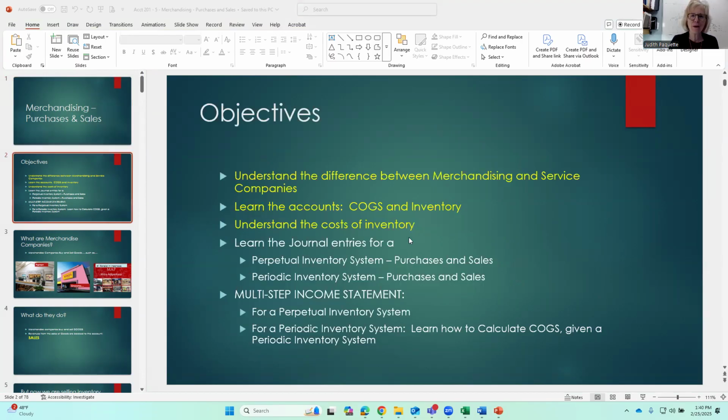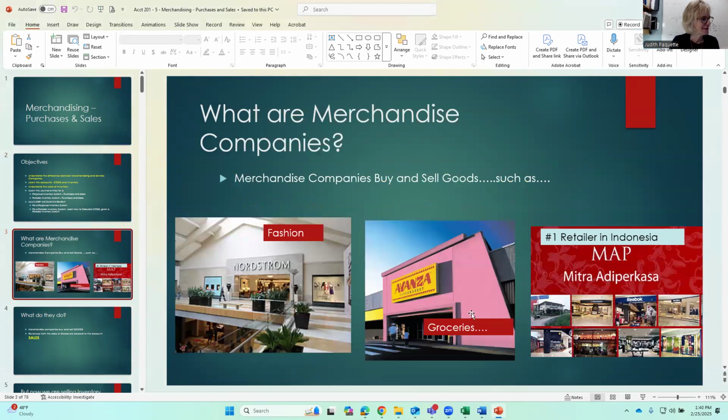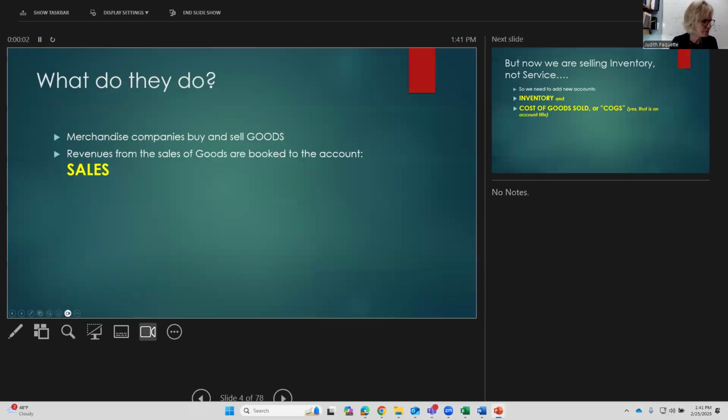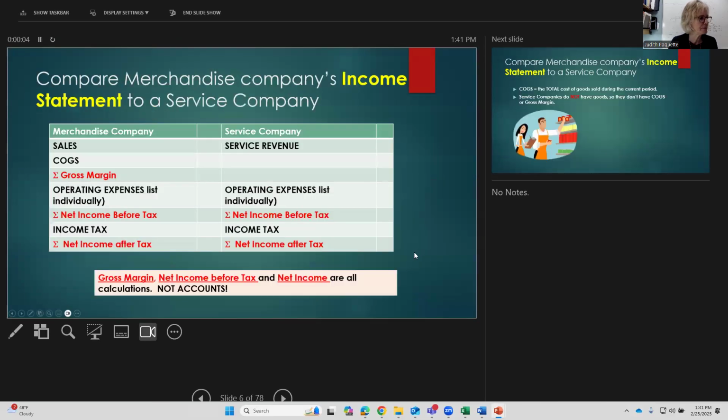So we have a lot of companies out there that are merchandise companies. And so what that means is they have inventory. Companies like Target, and companies like Nordstrom, grocery store, department store, that kind of thing. So what we want to be able to do is, oops, I didn't want that.